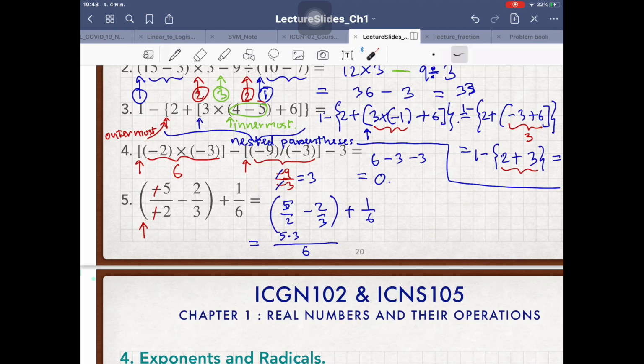If you take 6 divided by 2, you get 3. So it means that you need to multiply 5 with 3. And then for the next fraction, you take 6 divided by 3, you get 2. So it means that you have to take 2 times 2.